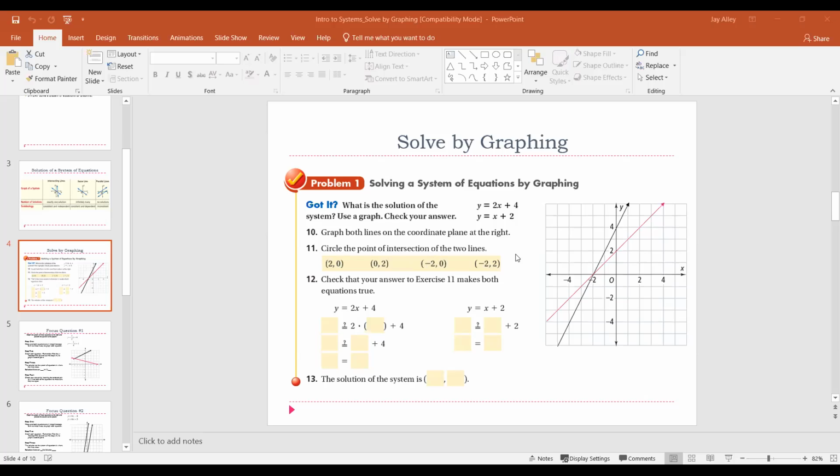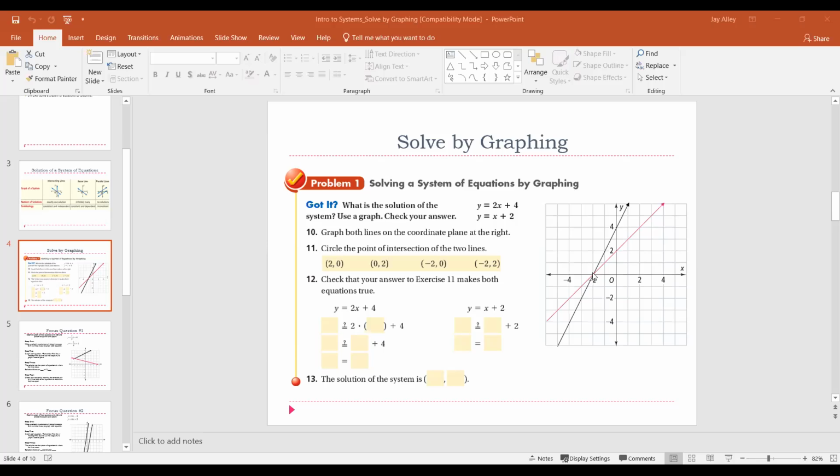Which one of those points is the solution for that system? (-2, 0). (-2, 0). (-2, -2) is down here. That's not even on either one of the lines.